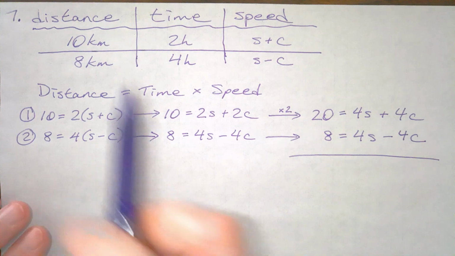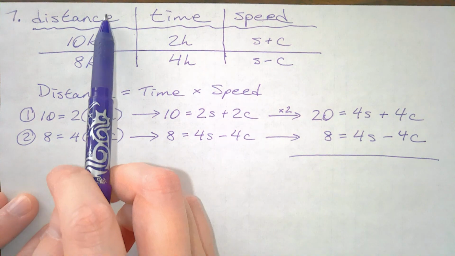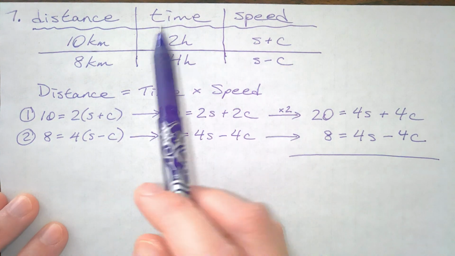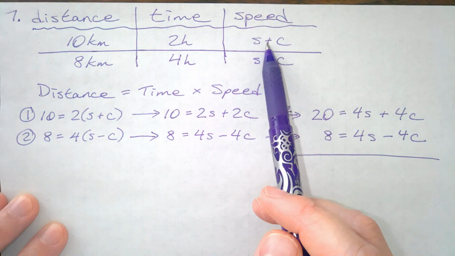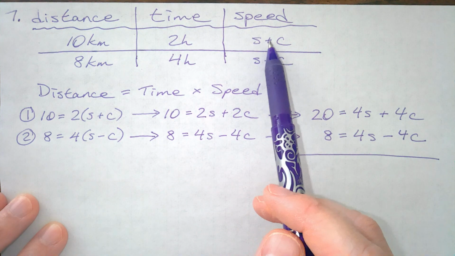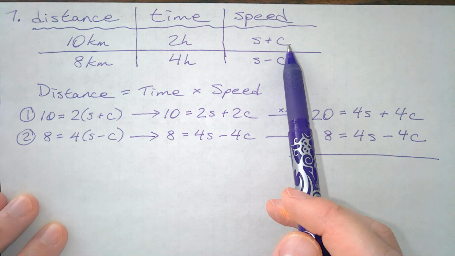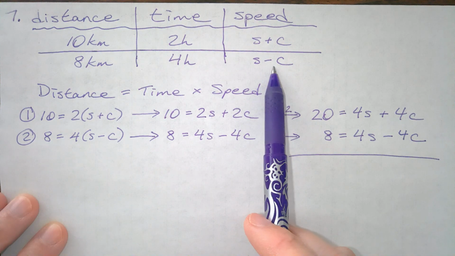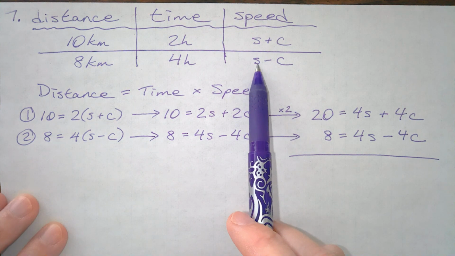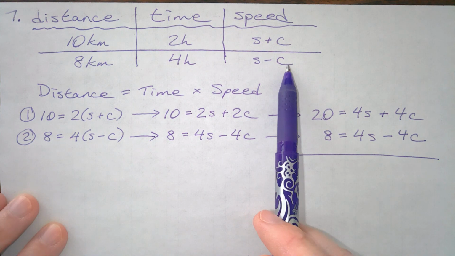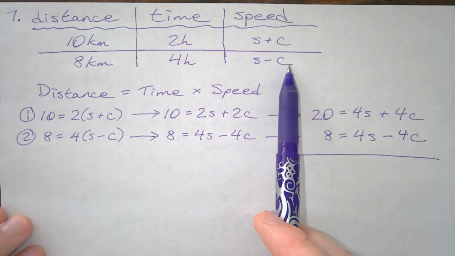So I have this set up as a chart: distance, time, and speed. Going downstream, your speed is your speed plus the speed of the current. Going upstream, it's your speed minus the speed of the current, because you're going slower.